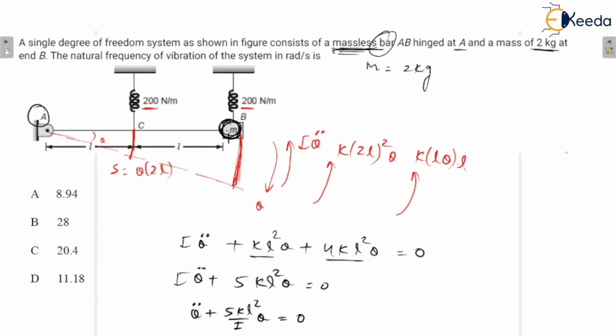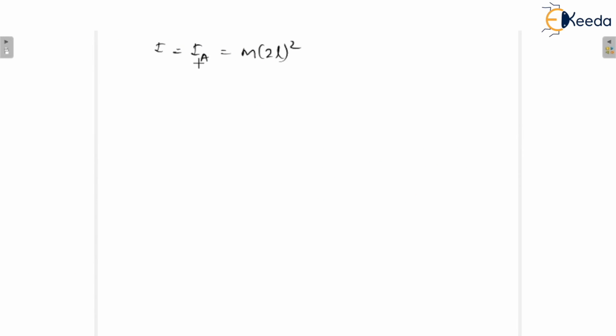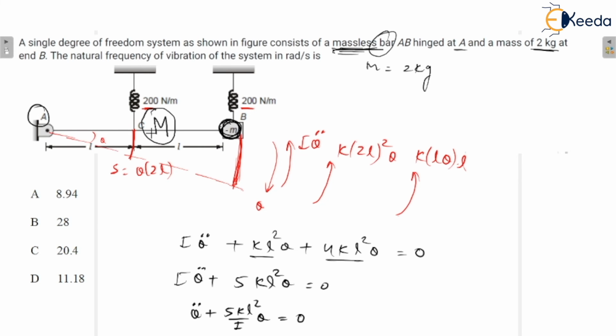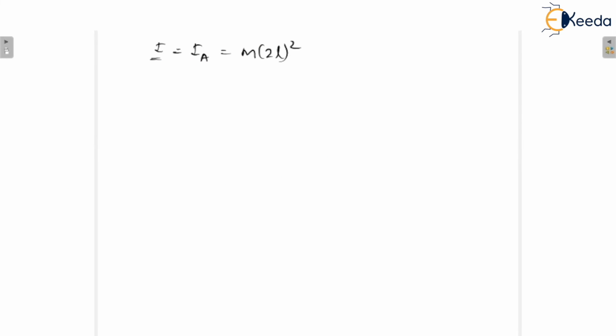If the mass of the bar is given, for example if capital M is the mass of the bar, you need not consider the mg torque, but when you calculate the moment of inertia, you have to consider the moment of inertia of the bar as well as of the mass attached at the end of the bar. However, in this question it is a massless bar, so we only consider the moment of inertia due to this small m mass. So this would be m into 2L square, that means 4mL square.